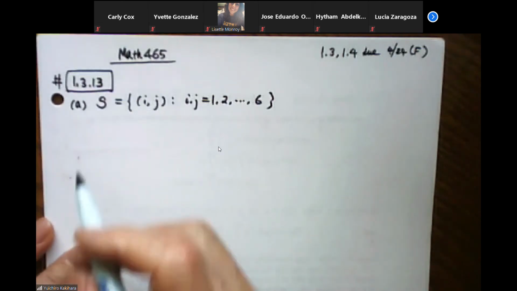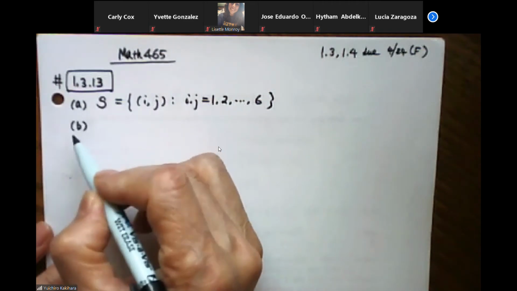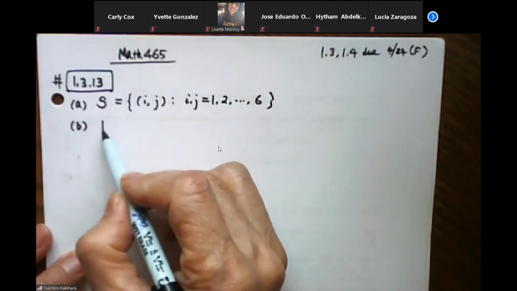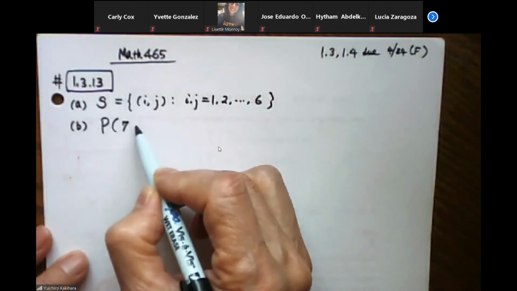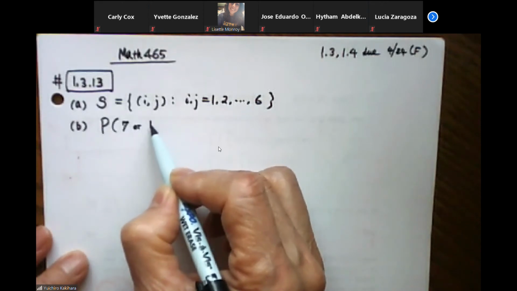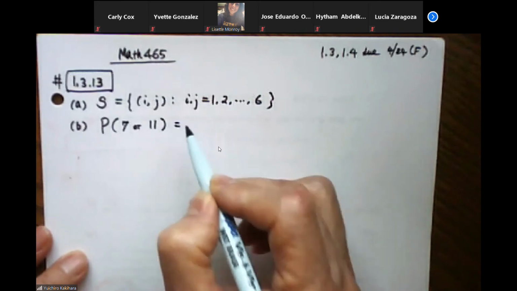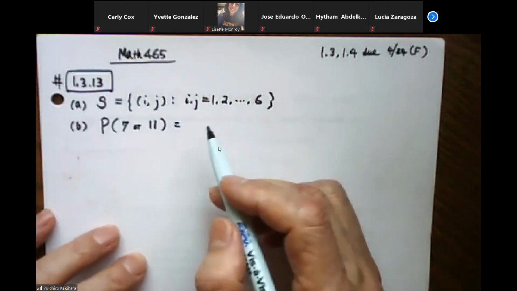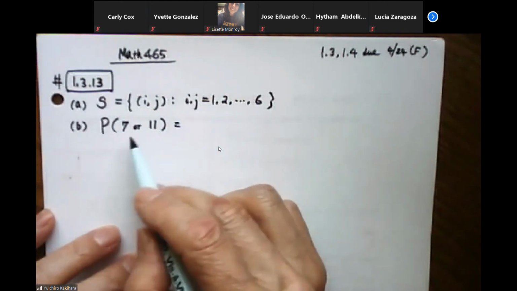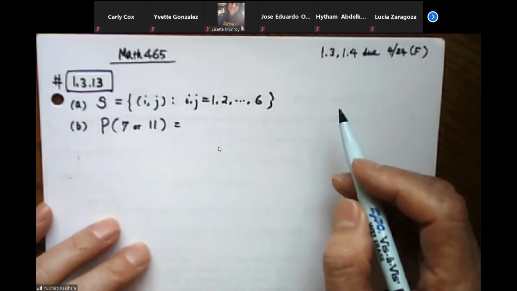And then part B is, what is the probability that the sum is 7 or 11? It's like the convenience store, 7 and 11. How do we get this probability? That means I plus J is either 7 or 11, right?